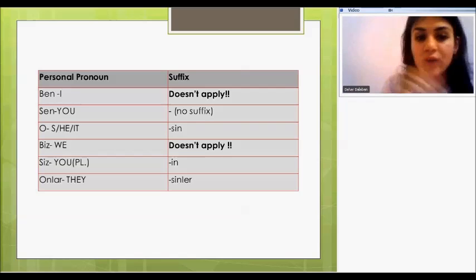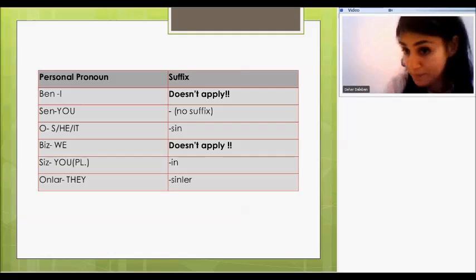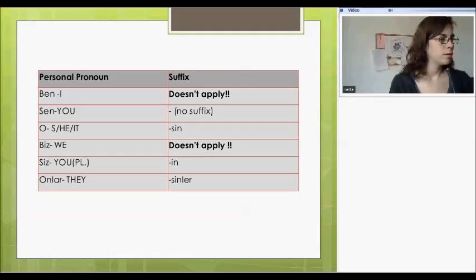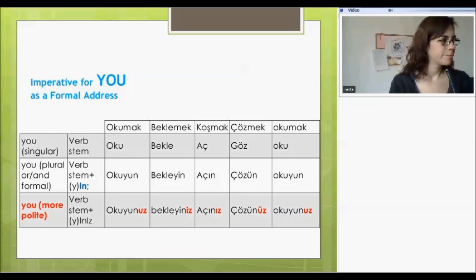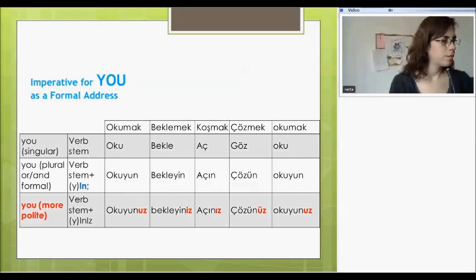Then we have in for the plural you and sinler for them. Well, that's all going okay now? Yeah, sure. Well done. Now let's take a look at these words here. This is for one more. It's not over yet.